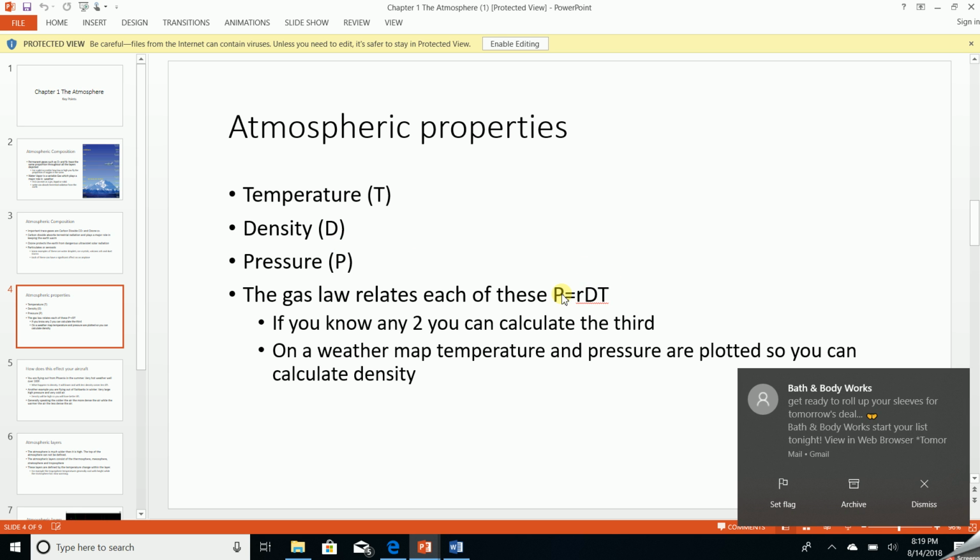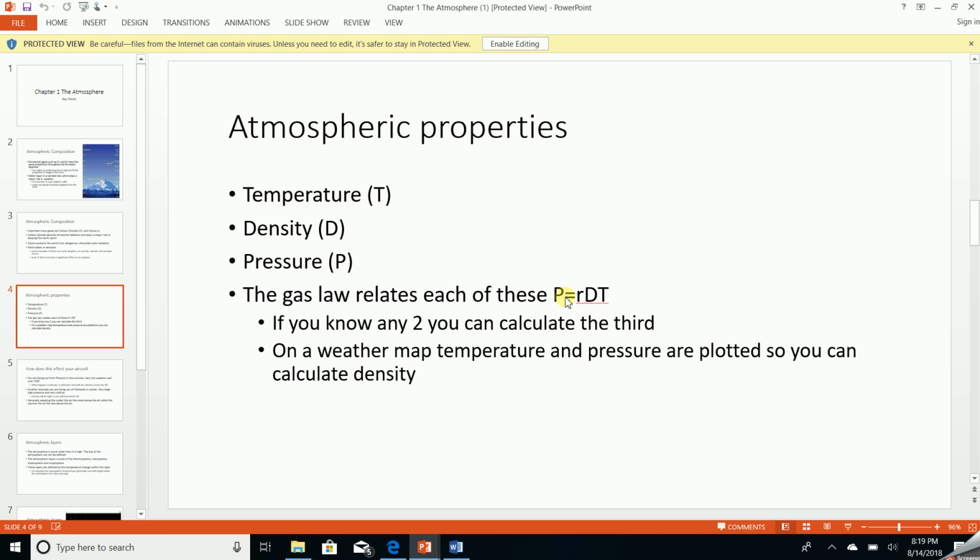So when you're looking at a weather map, there's always 2 there. We'll look at that in a little bit, but you can actually see pressure basically equals the gas constant, then density, and then temperature. So if you know one or the other of them, pressure or temperature, you probably can calculate density from that.